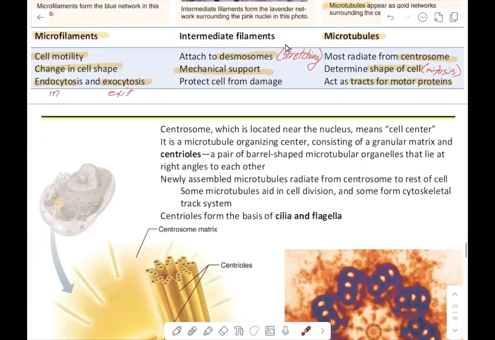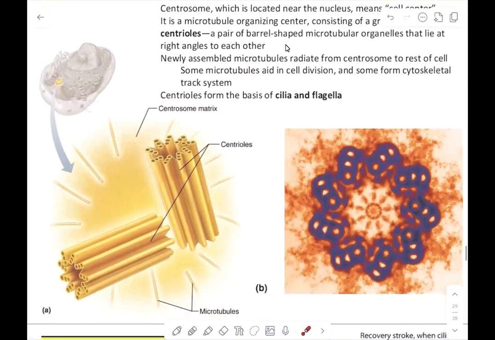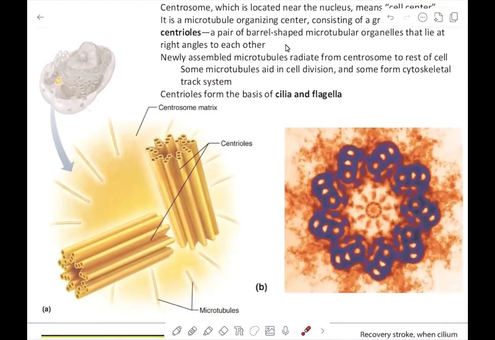Next, we have a non-membranous organelle called the centrioles. You can see that they're containing microtubules, which what you just saw on the last slide. It was a type of the cytoskeleton. So the microtubule structure under a micrograph looks like what you see on the right-hand side of this slide.